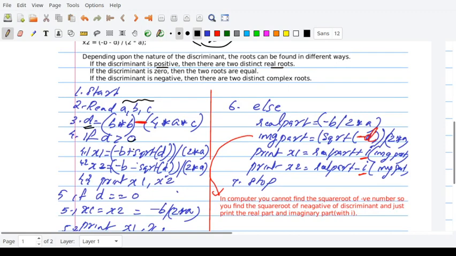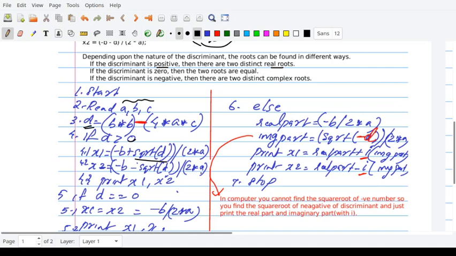If it is greater than 0, then your roots are real, which is given by minus b plus or minus square root of discriminant divided by 2a. So that is written here: x1 is minus b plus square root of d divided by 2 star a. And your second root x2 will be equal to minus b minus square root of d divided by 2 star a.